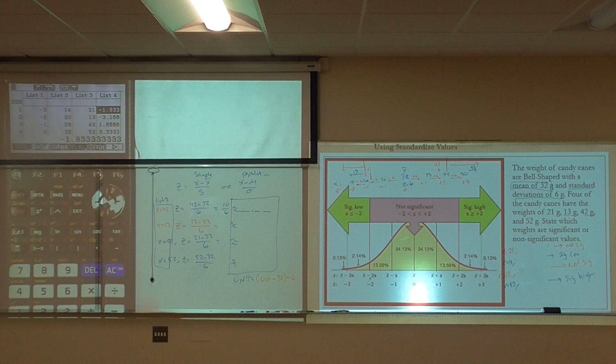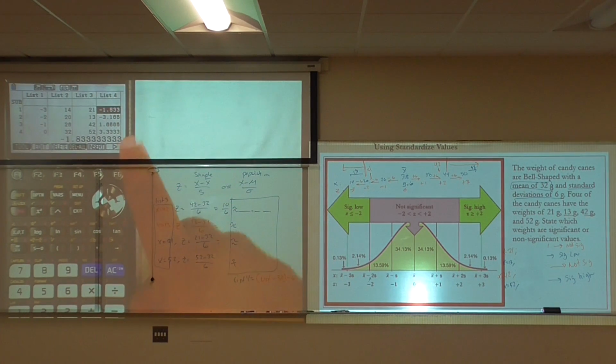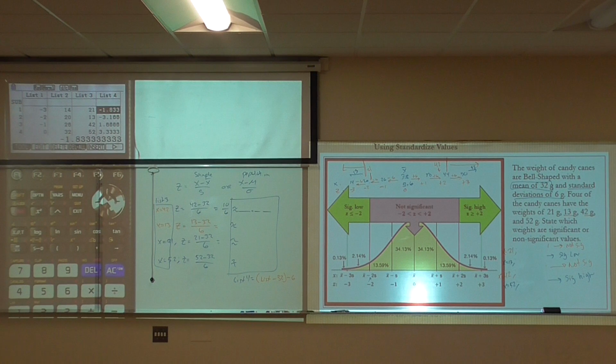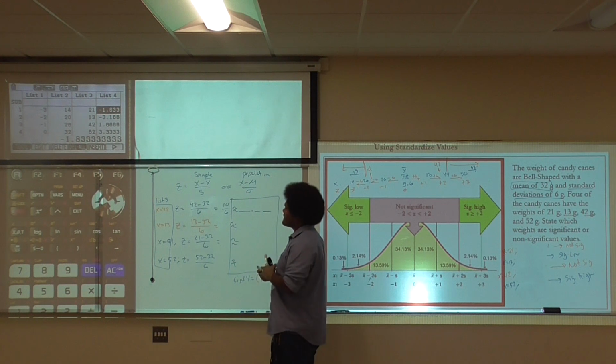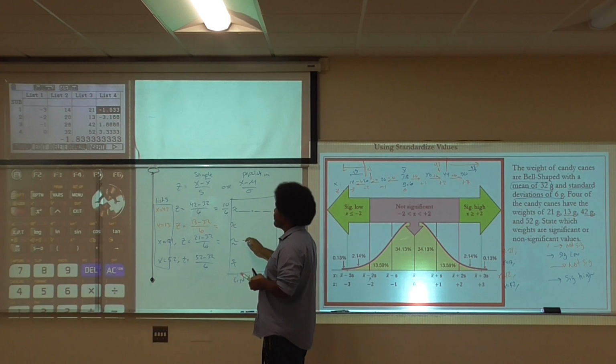So now when I enter it, I get these z-scores. And my job is to round off to the nearest 2 digits. So when I look at the 21, which is right here, I'm seeing that my z should be negative 1.83.